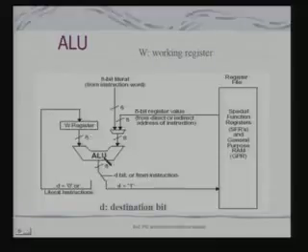Now, the output of the operation goes either to the W register or to any one of the registers in your register file, depending on what is called a destination bit in the instruction. When the destination bit is 0, the data is stored in the W register, so that it can be used in the next instruction without being fetched from the register bank. If it is 1, it is stored in the register file.